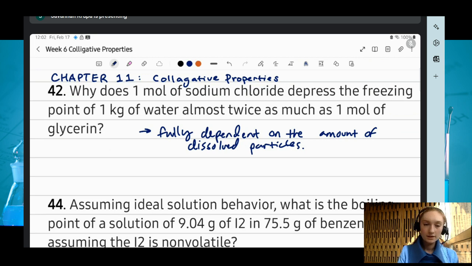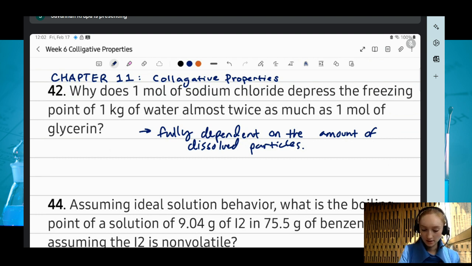Glycerin is not a compound that will be in ion form at all. It can dissolve in things, but it can only be of that compound, so it doesn't have more particles than that one compound.